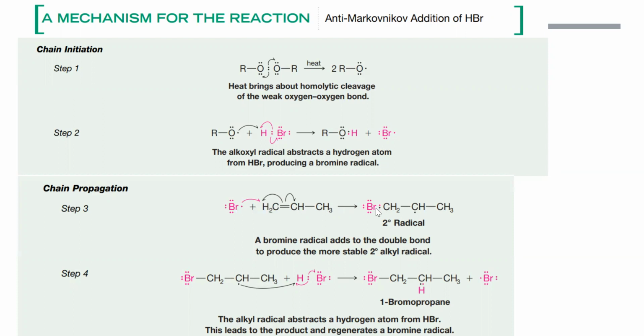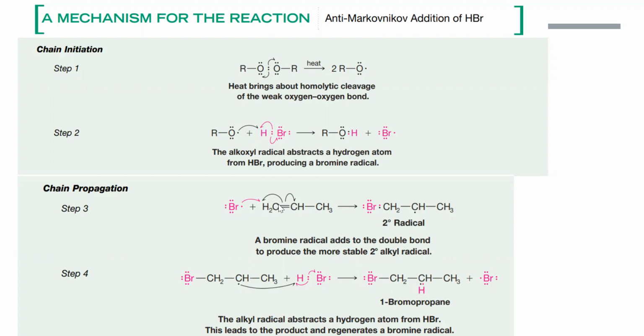So you have your Br forming a bond with CH2 here. You see a one-sided arrow and another one-sided arrow coming here. It means that we are only using one electron from each. One electron from bromine, one arrow, and one electron from the pi bond, one arrow.